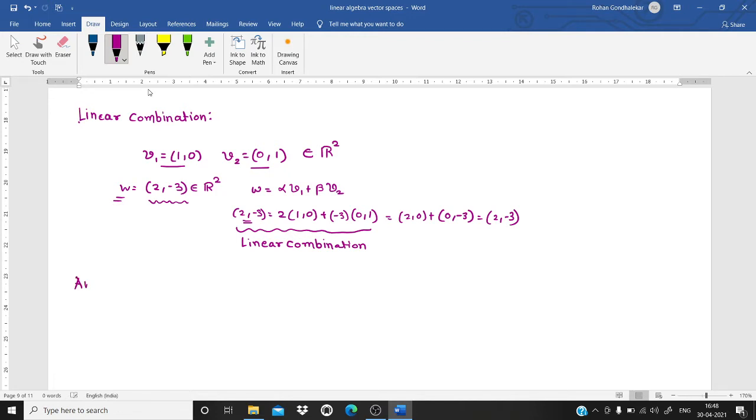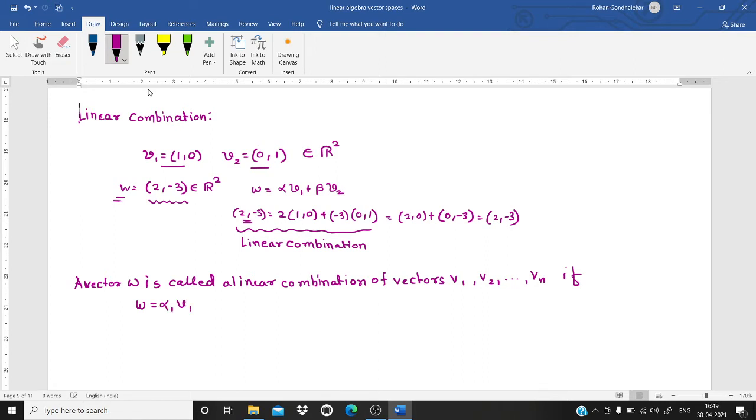A vector, say w, is called a linear combination of vectors v1, v2 and so on up to vn, if w can be expressed as alpha 1 v1 plus alpha 2 v2 plus alpha 3 v3 plus and so on plus alpha n vn, where alpha 1, alpha 2, alpha 3 and so on up to alpha n are scalars, not simultaneously zero.